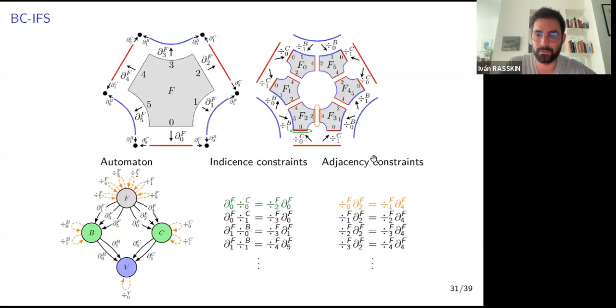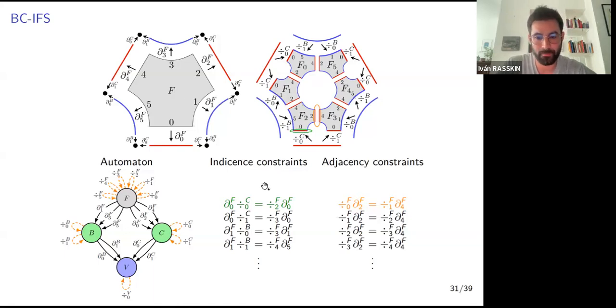These connectivity properties are defined by equations called the incidence constraint and the adjacency constraint, which say how these operators are related. For example, the green incidence constraint says that if we apply a subdivision and then a boundary operator, it's the same as first doing the boundary operator and then applying a subdivision.